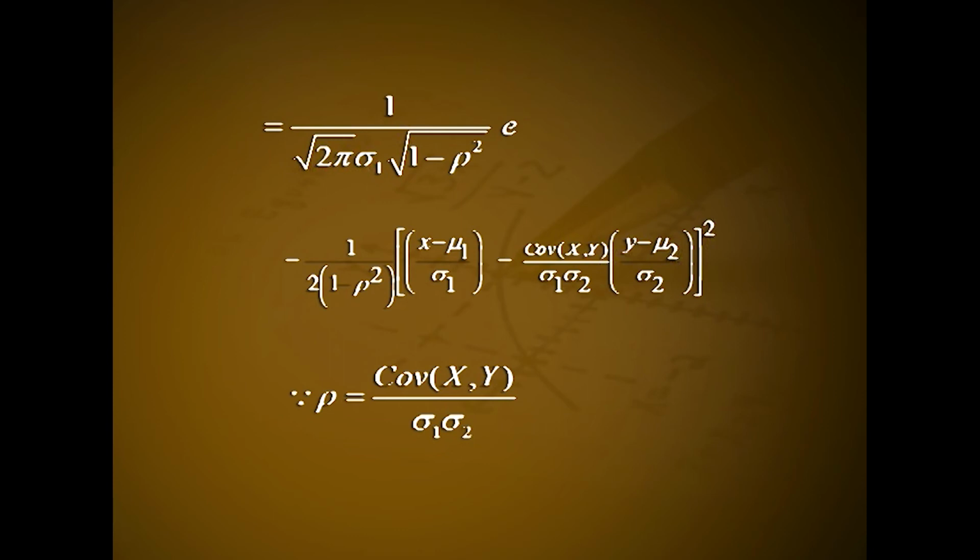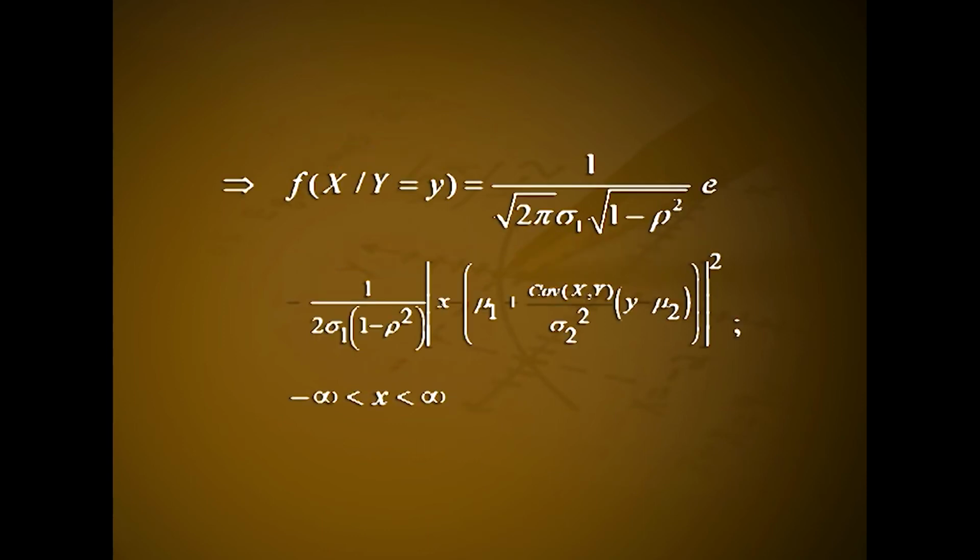That is equal to 1 divided by root 2 pi times sigma 1 times the square root of 1 minus rho square, times e raised to minus 1 divided by 2 times (1 minus rho square), times ((x minus mu 1) by sigma 1 minus covariance of x, y by sigma 1 times sigma 2, times (y minus mu 2) by sigma 2) the whole square, because rho equal to covariance of x, y divided by sigma 1 times sigma 2.